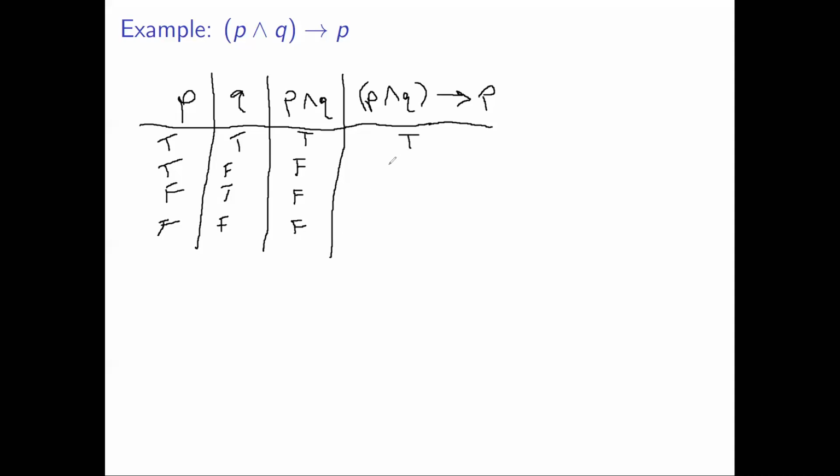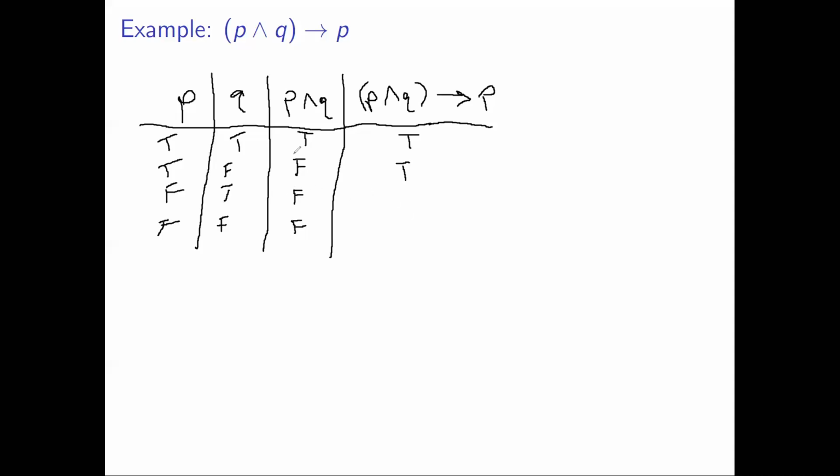Second row, P and Q is false, so the hypothesis of the implication is false. Whenever the implication has a false hypothesis, then the implication is true, regardless of the truth value of the conclusion. So here, our hypothesis is false, and the conclusion is true, and the implication is true, because that hypothesis is false.